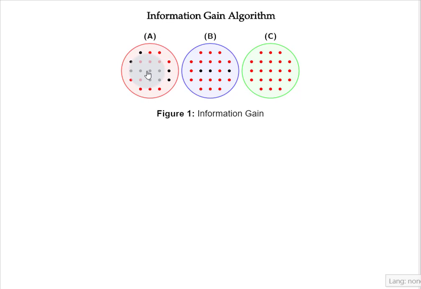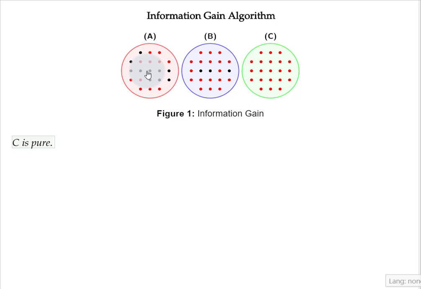So we call diagram C the pure one. This distribution is pure because it requires less information to explain.